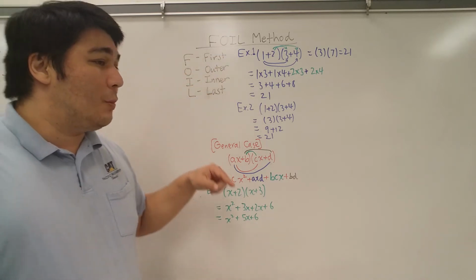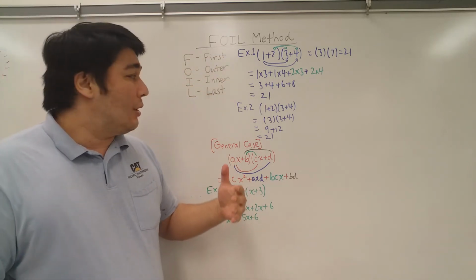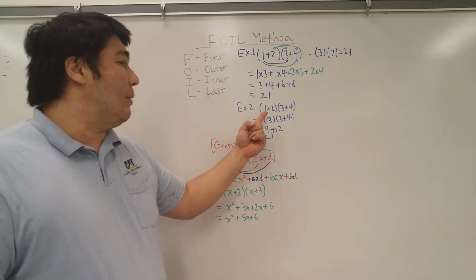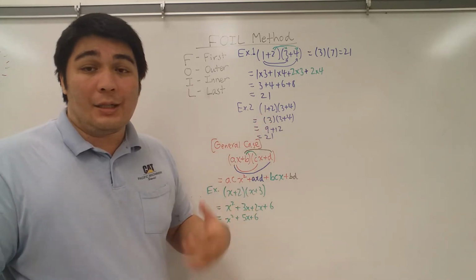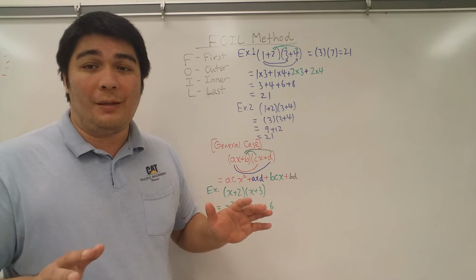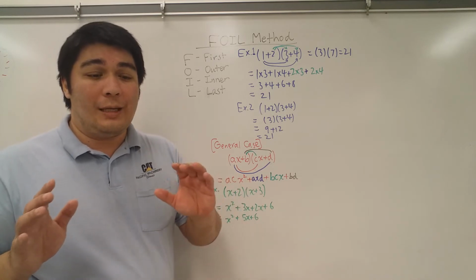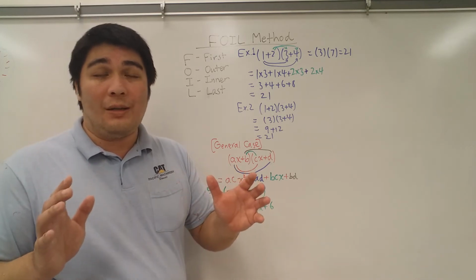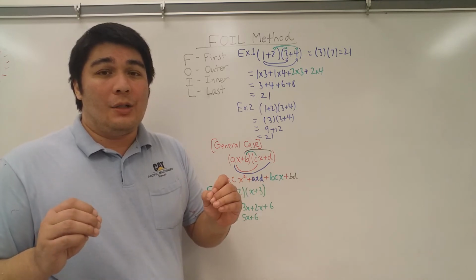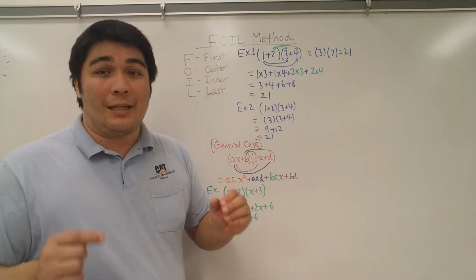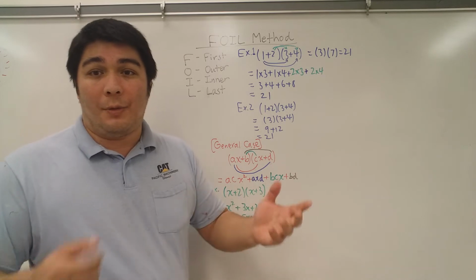Example 2 is more of the distributive property. In this example, I said 1 plus 2 is 3. This is, again, not so much the FOIL method, but it shows how it can be used even if you think of it as the distributive property, just a little bit more complex.